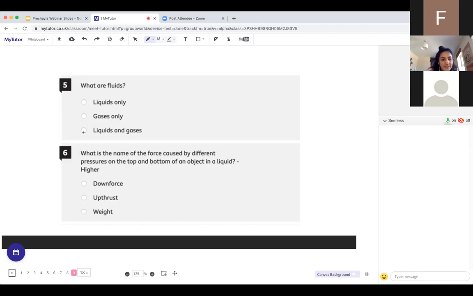Okay, so fluids can be liquids or gases, and the name of the force that causes different pressures on the top and bottom of an object in a liquid is upthrust.